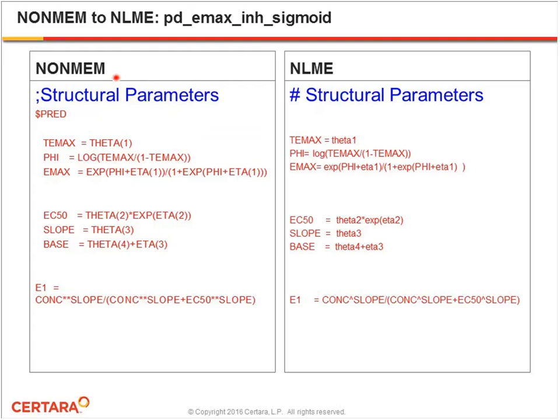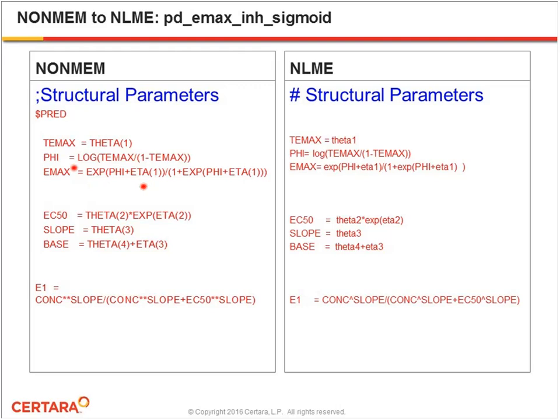Next section is the specification of structural parameters. Here are a few lines of code in NM-TRAN. You see there's Emax, which is our structural parameter that we define with a fixed effect, θ1. Then we've got a couple of lines. This is a mathematical construction that should constrain Emax between 0 and 1.